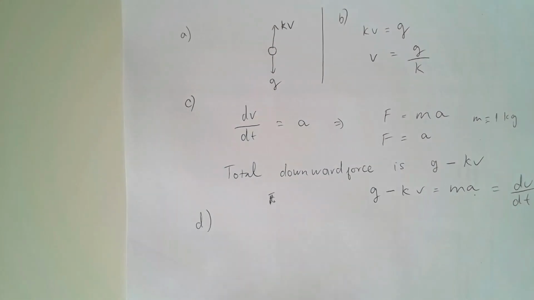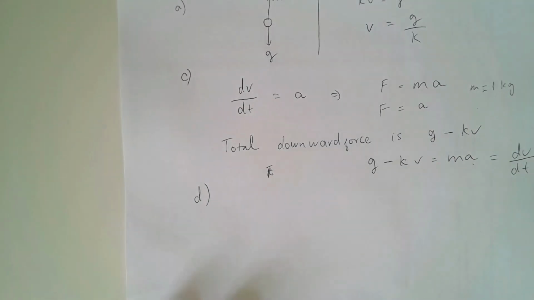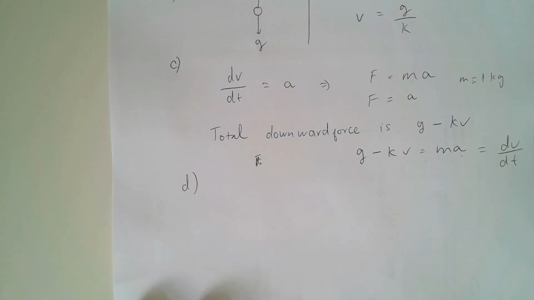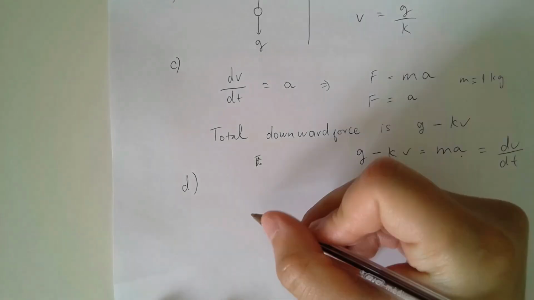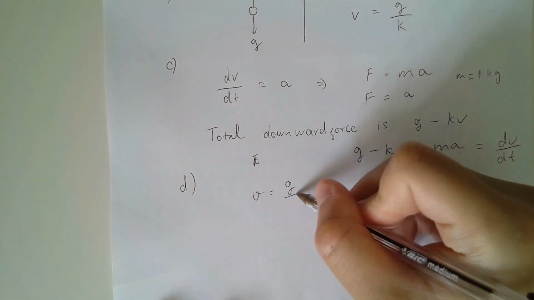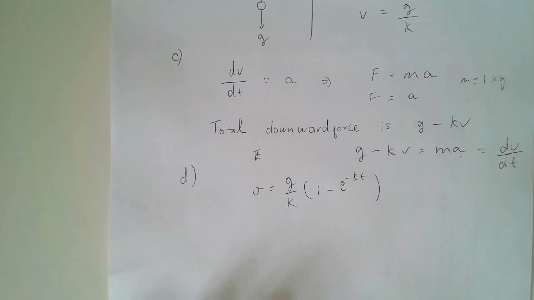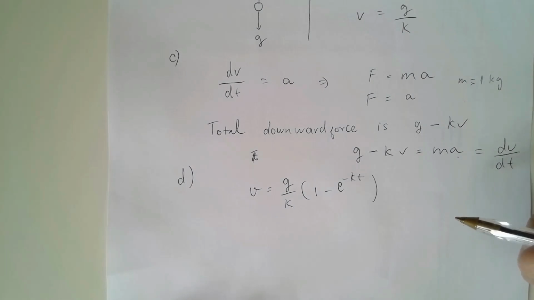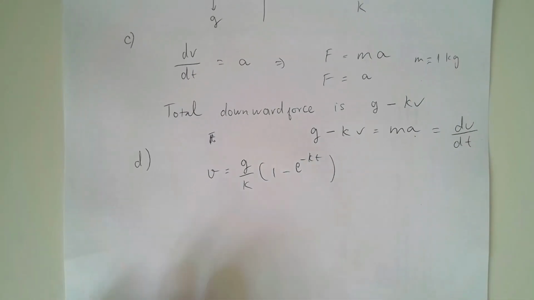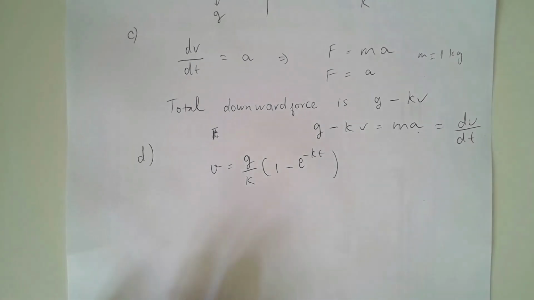Okay, part D. Show by substitution that V equals g over k, 1 take away e to the power minus kt, satisfies the equation in part C. When you do this question, you have to use differentiation to evaluate both sides.